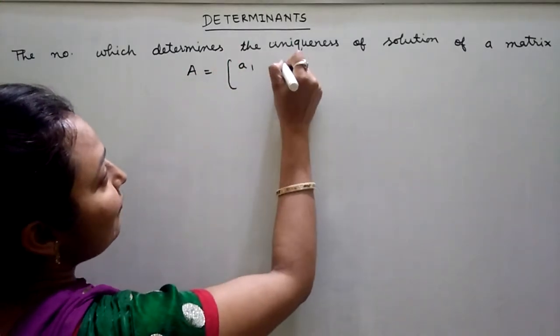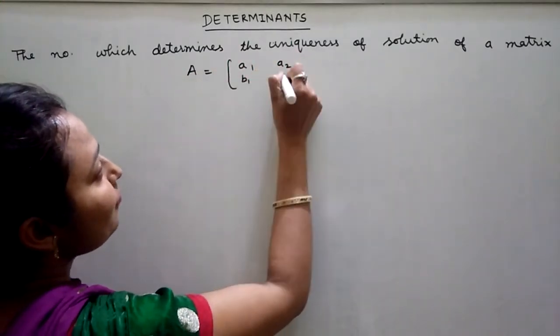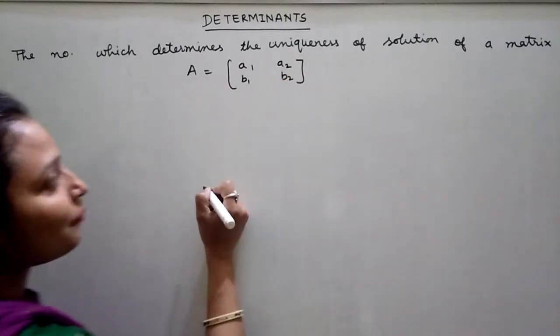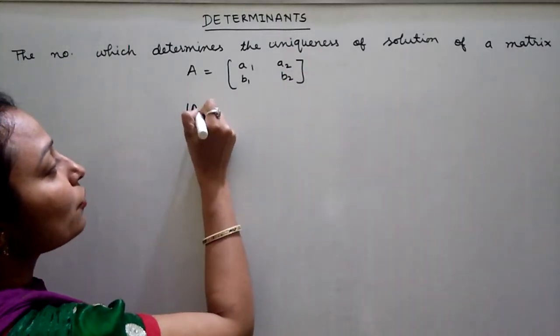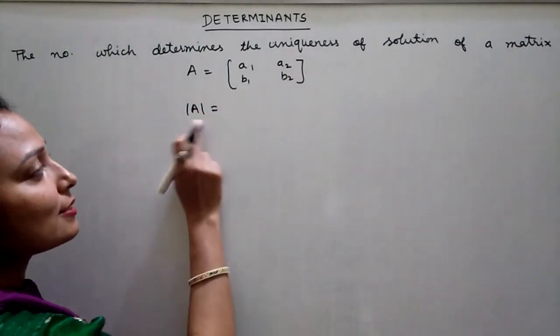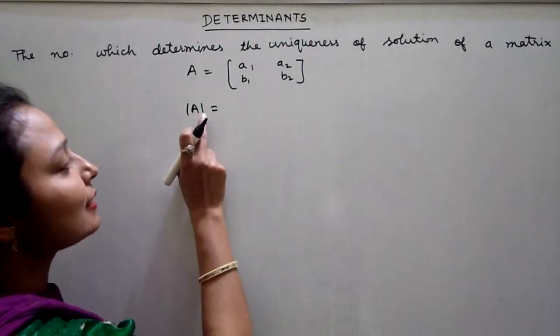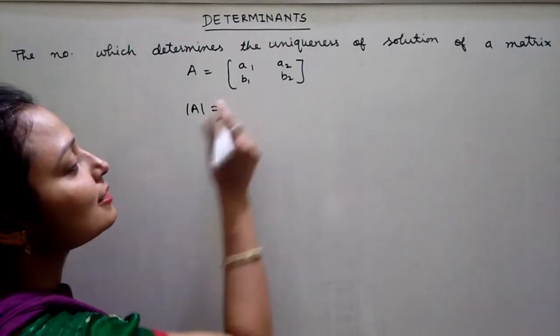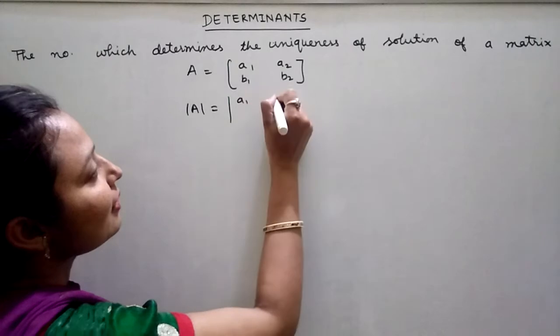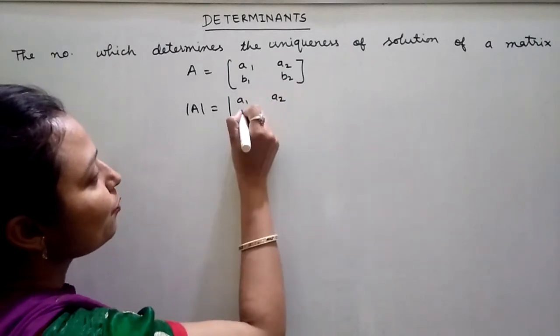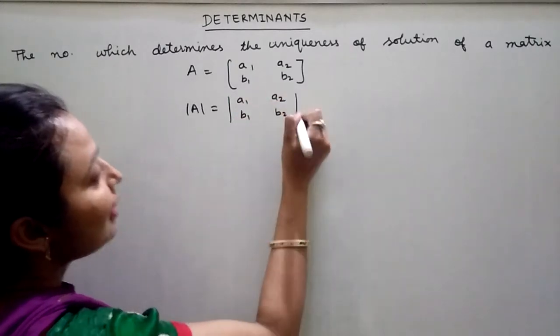Let us suppose we have A1, A2, B1, B2 as a matrix. If we want to find the determinant, it will change into the determinant sign. This is not a modulus, this is a determinant sign, and it will be written as A1, A2, B1, B2.